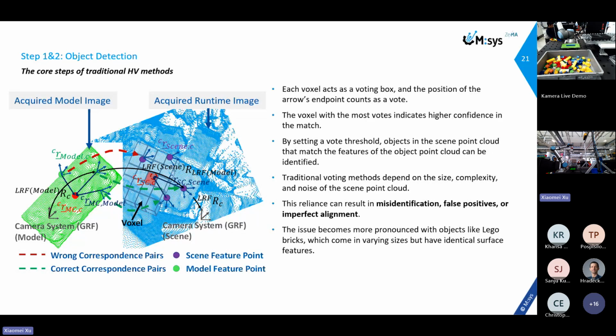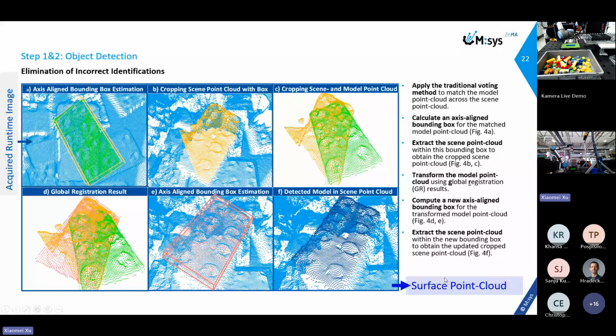These challenges are particularly pronounced when detecting objects like Lego bricks that have similar surface features across different pieces and significant size variance between components. The sensor's noisy point data results in exceptionally low correct pair rates, leading to registration failures and imprecise 3D localization.